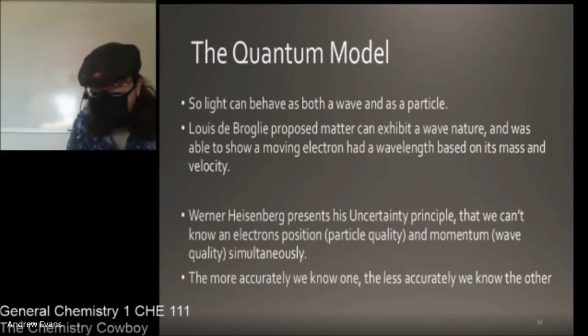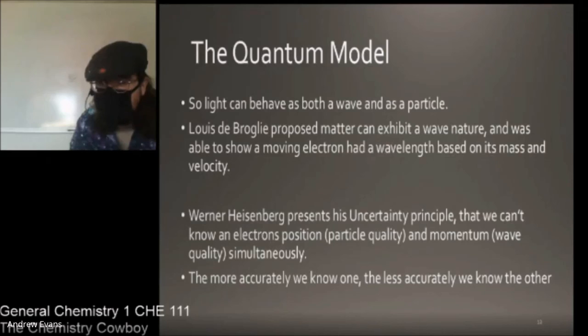But that's where we get into Werner Heisenberg, who presented his uncertainty principle. Basically the idea is, because the electron is moving around the atom and has this variable wavelength, it has a certain uncertainty in both its position and its momentum, the particle quality and the wave quality. The more we know one, the less we know the other.